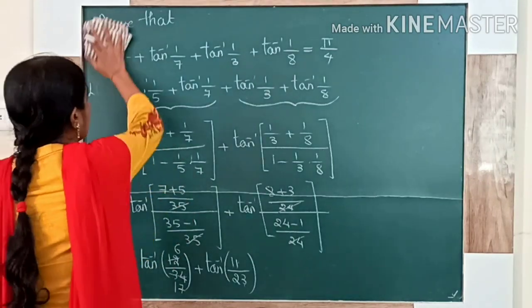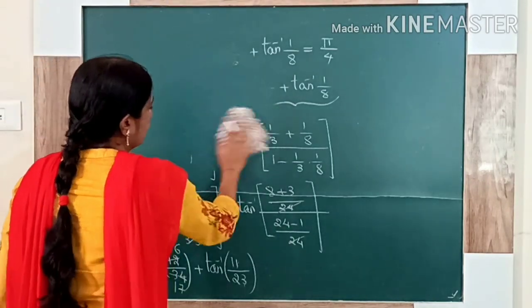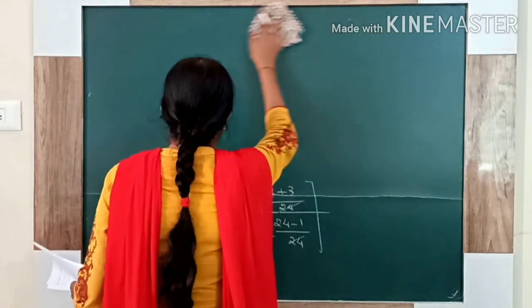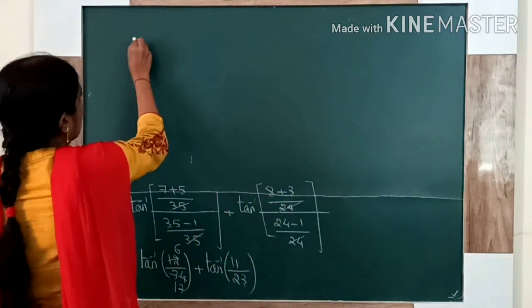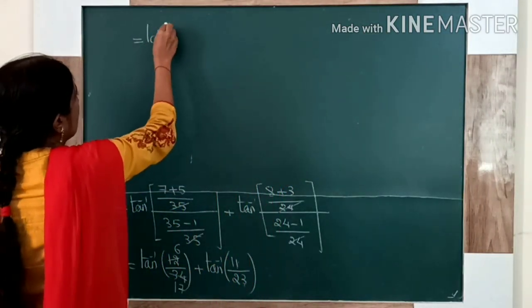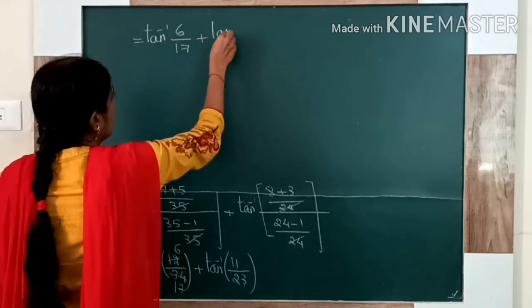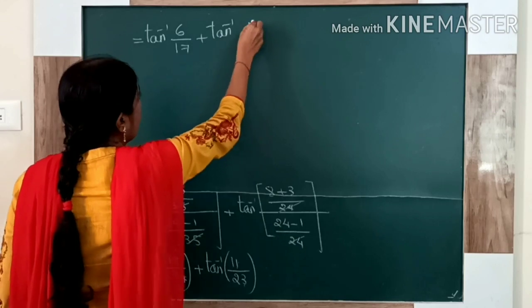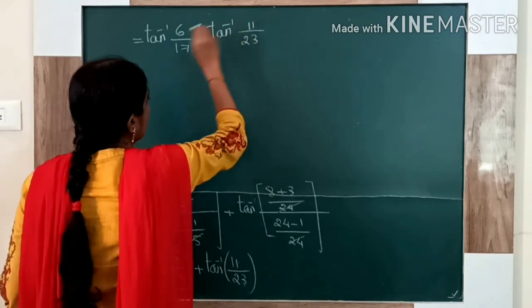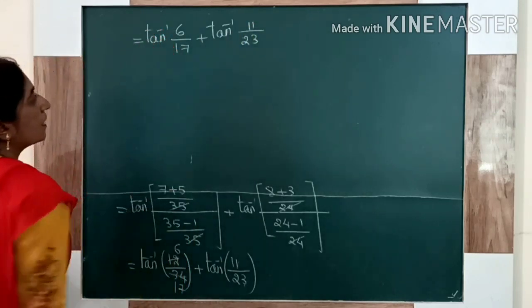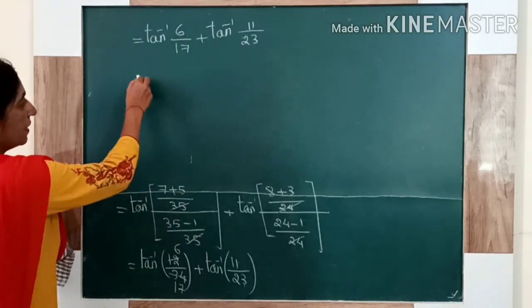Now write down this: tan inverse 6 upon 17 plus tan inverse 11 upon 23. See, students, here they are in the form of tan inverse x plus tan inverse y.